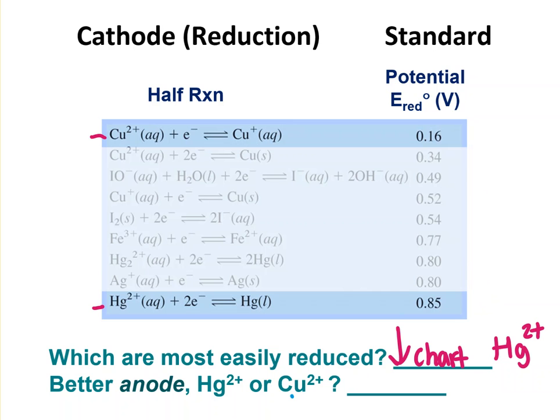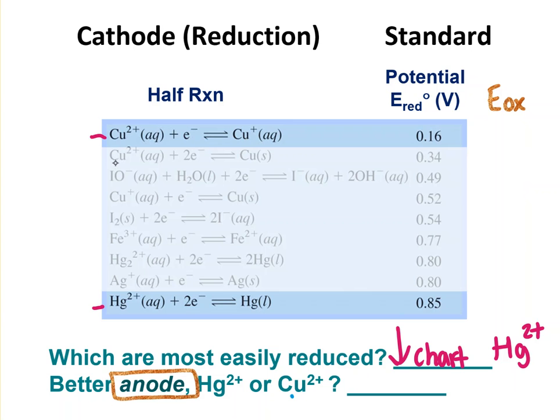Okay, the next question though is kind of tricky. It asks which is the better anode, and these reactions are written as reductions, and so these are for the cathode. Well, how do I get the anode? Anode is where oxidation takes place, so I want the oxidation potential. In other words, instead of wanting these forward reactions, I want the reverse.